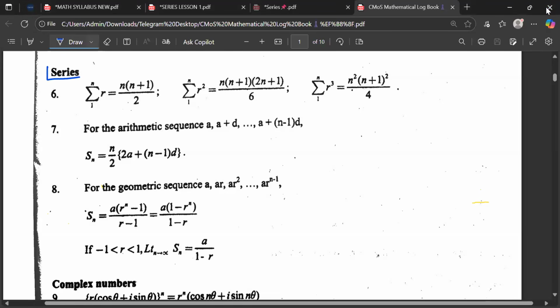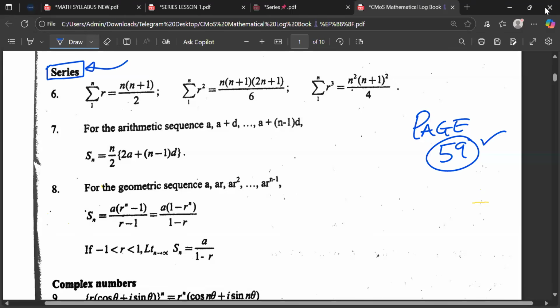So according to the logbook, you tell me the page, so that people can have the right reference. Is it page 59? Okay. Page 59, somewhere we have series and we have these formulae.